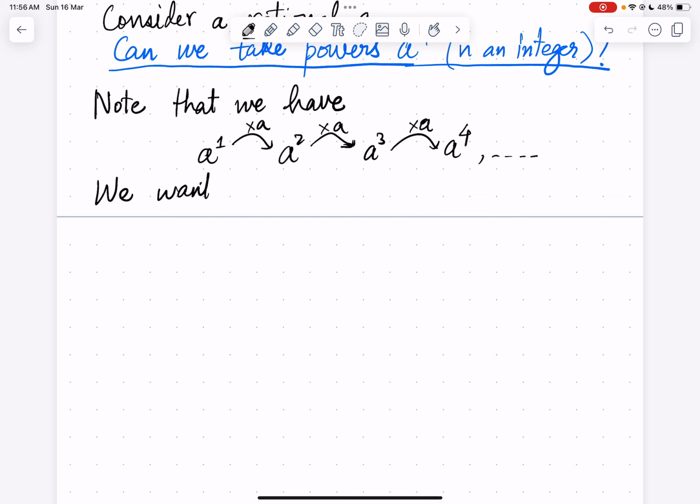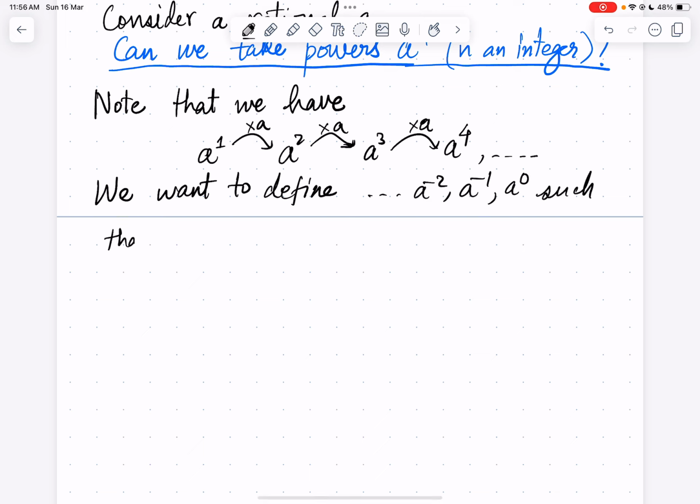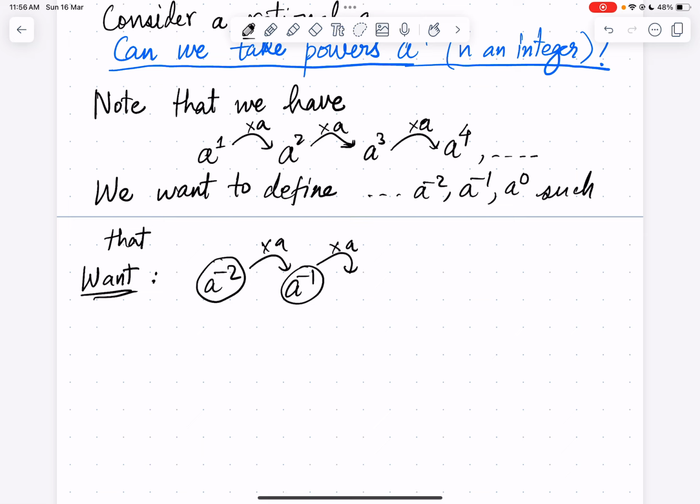We want to define negative powers and the 0th power such that this picture holds: multiplying by a gives a power minus 1, multiplying by a gives a power 0, then a power 1, then a power 2. We want this picture to hold.